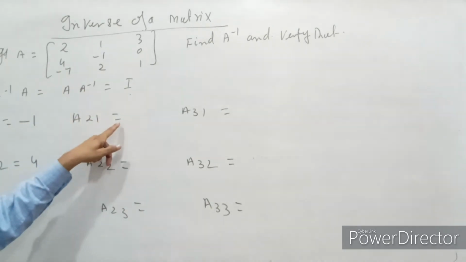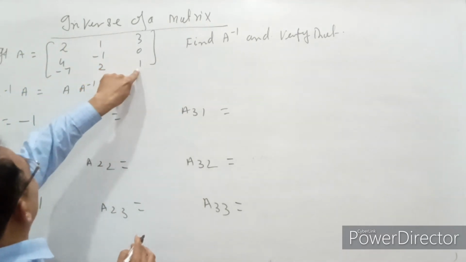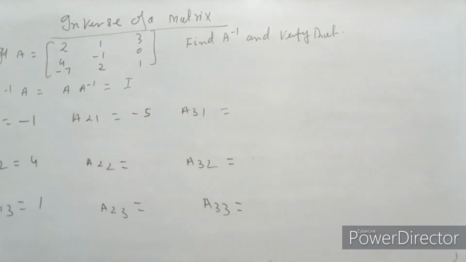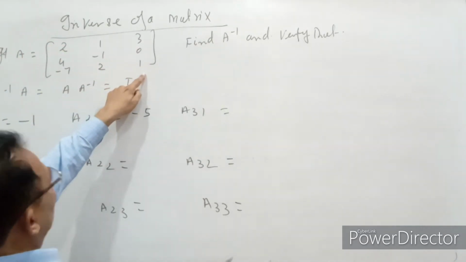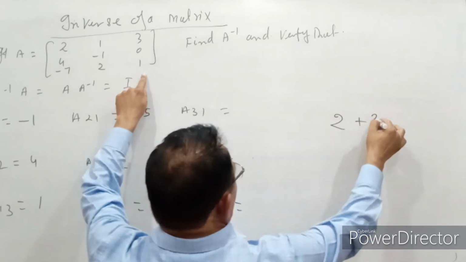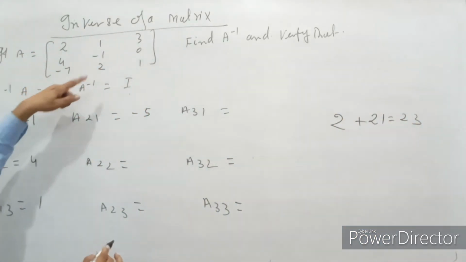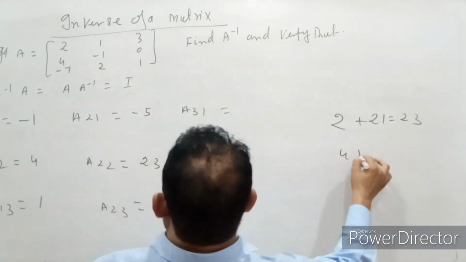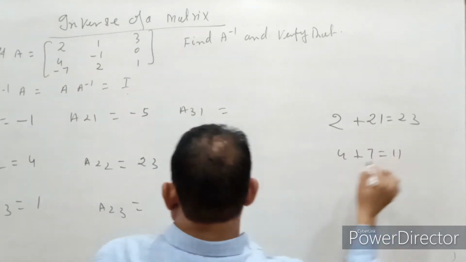Now the minor of second row, that is 1 into 1 and -6, that is -5. Next A22, 2 1 3, 2 and that is 2 and plus 7, 3, 21 is equal to 23, that is 23. Now 2 into 4 and minus, that is plus 7, that is 11.